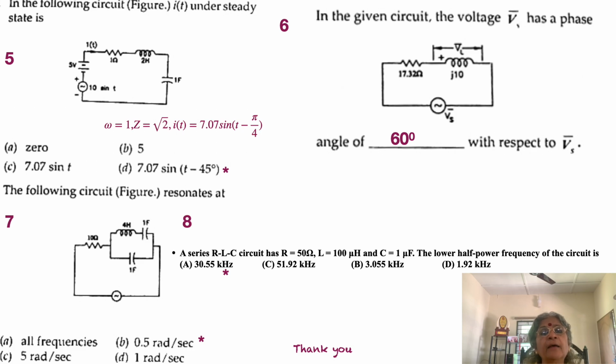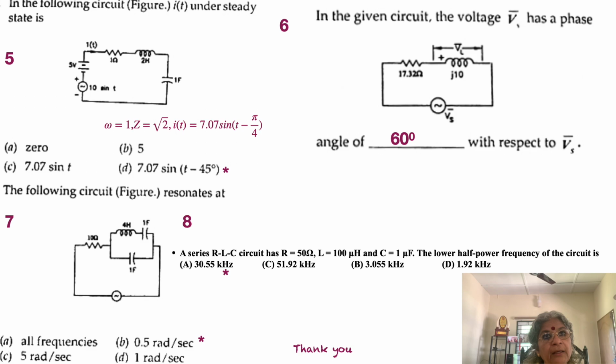You can read it through, and at the same time you can realize that some kind of guesswork is good, because the resonance frequency is given by 1 by root LC, which works out to be 100 kilohertz. If that is so, then the lower half power frequency has to be somewhere near 30.5 kilohertz.